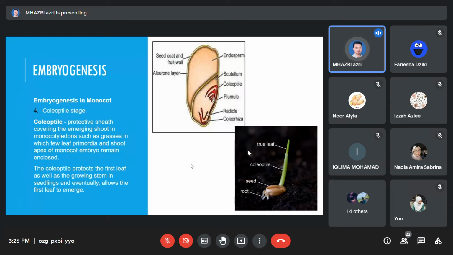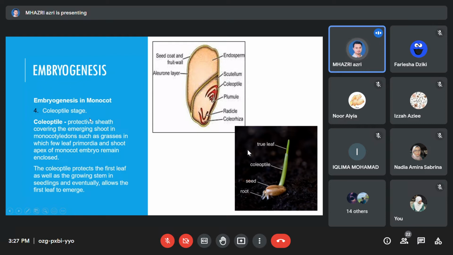So what is the coleoptile? The coleoptile is a protective sheath. This one is the coleoptile. This is the seed of, what was it, I forgot, not rice, what? Wheat. Okay, wheat.